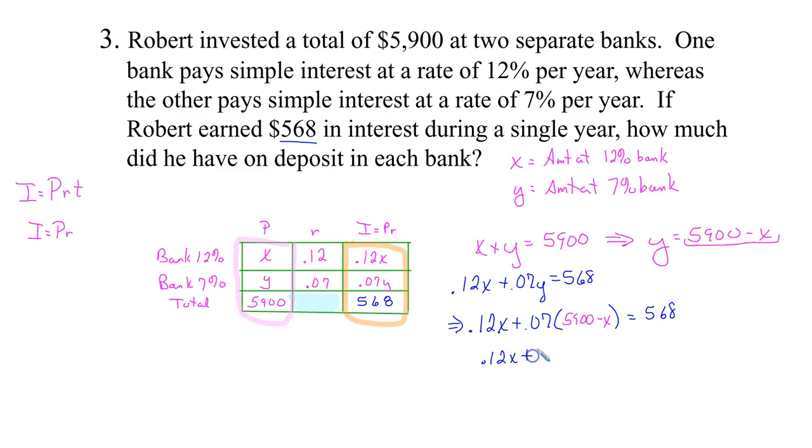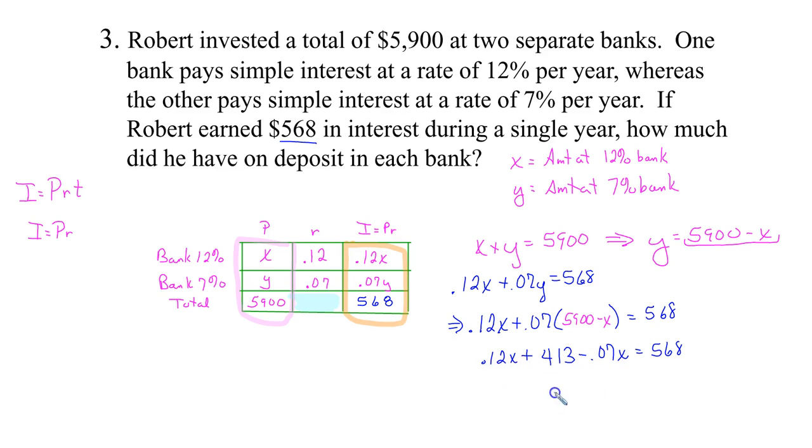0.12x plus 5,900 times 0.07 gives me 413 minus 0.07x is equal to 568. Again, we will not be getting negative numbers. Banks typically do not like you to invest a negative amount of money and expect to get anything for your return.